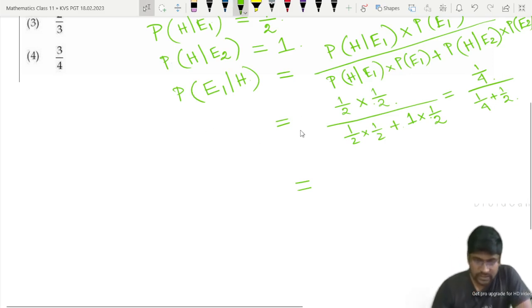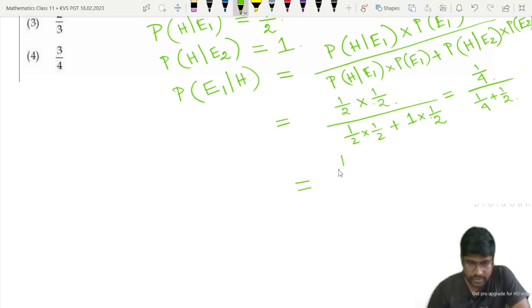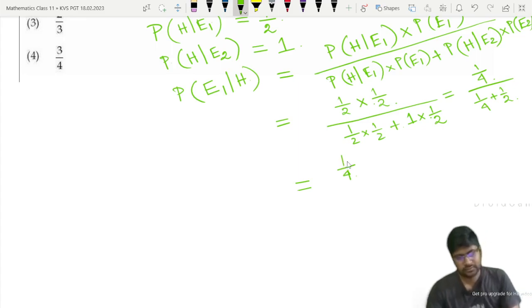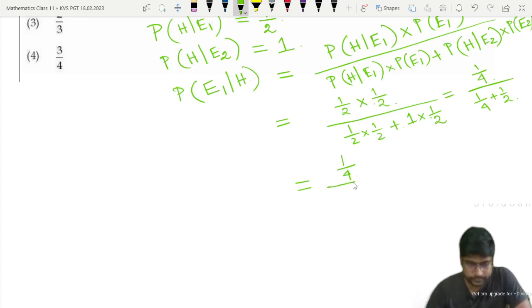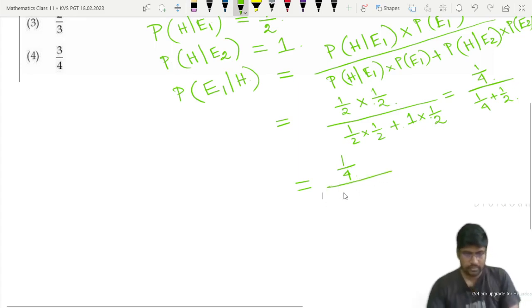If you do a little bit of simplification, then you will get 1 by 4 divided by, okay, some technical problem I am getting, please wait.